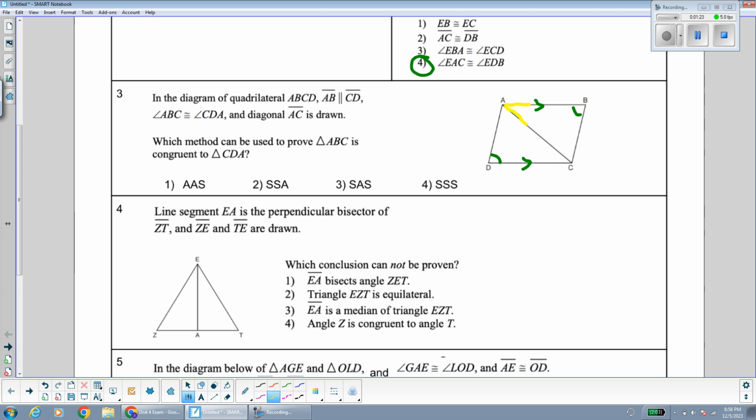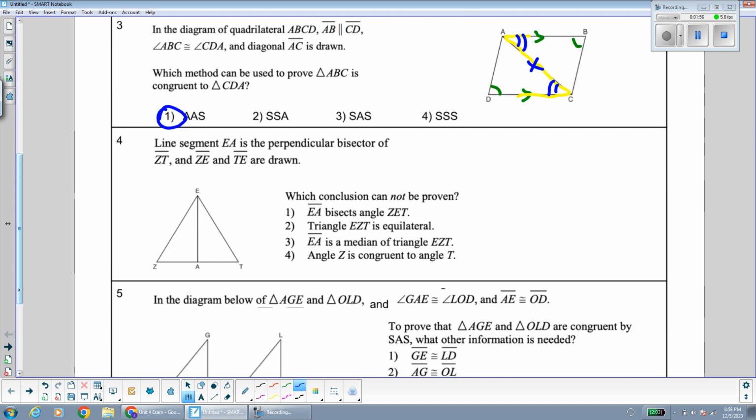So we have parallel lines cut by a transversal, and if you highlight your parallel lines and your transversal, you'll see your letter Z. In the corners of the letter Z are the congruent alternate interior angles. And we also have a shared side between the two triangles, AC. So AC is congruent to itself by the reflexive property. So what we have here is angle, angle, side, angle, angle, side. Two congruent angles followed by a congruent pair of sides.